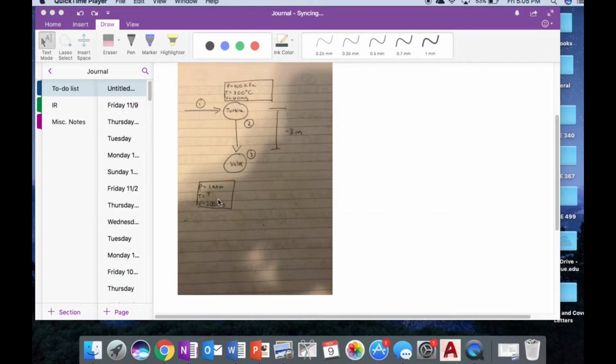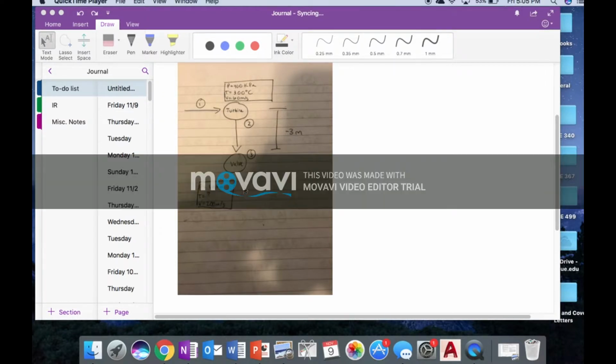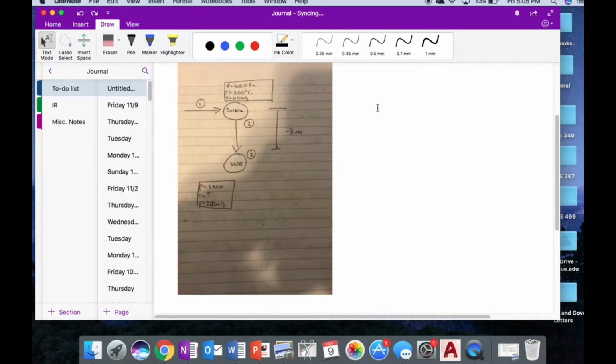At the valve, your pressure is 1 atmosphere because it is atmospheric pressure, and that's 101.325 kilopascals. The temperature is unknown, and then the velocity is 200 meters per second. And the difference between that is a negative 3 meter decrease.